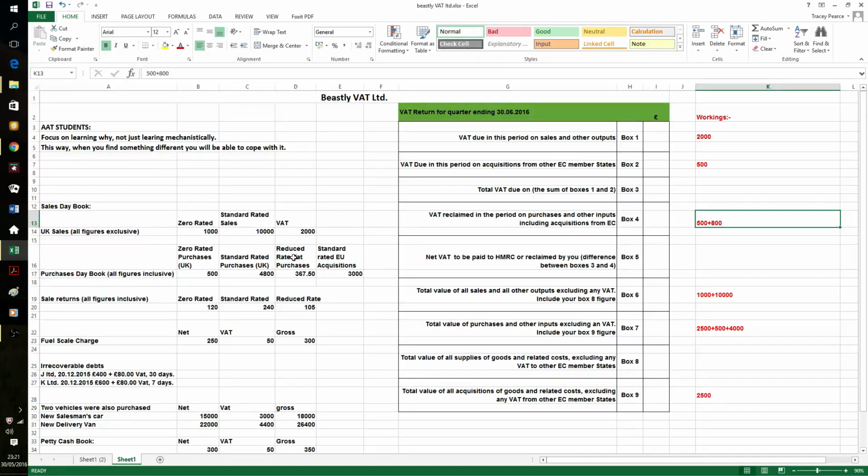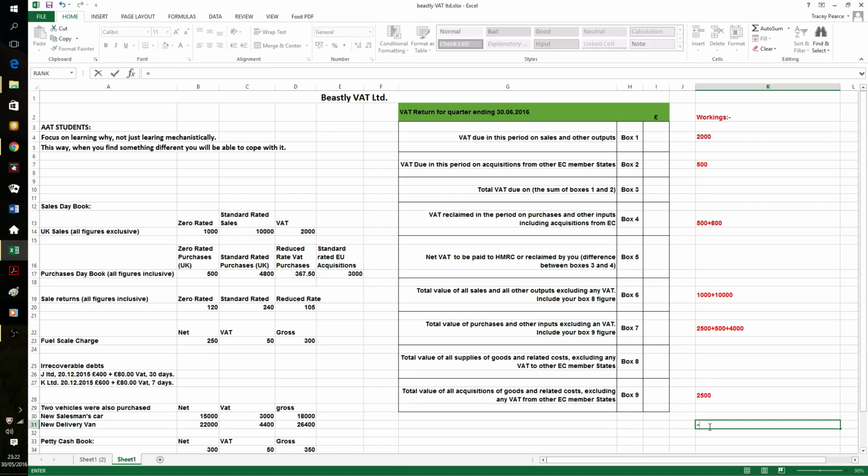Then we've got a reduced rate of VAT. So various ways of doing this. That £367.50 is 105% of the net. Various ways of doing it. Divided by 21 gives you the VAT. Dividing by 1.05 and times 100 gets you the net, or you could divide by 105 times 100, whichever way it works out.